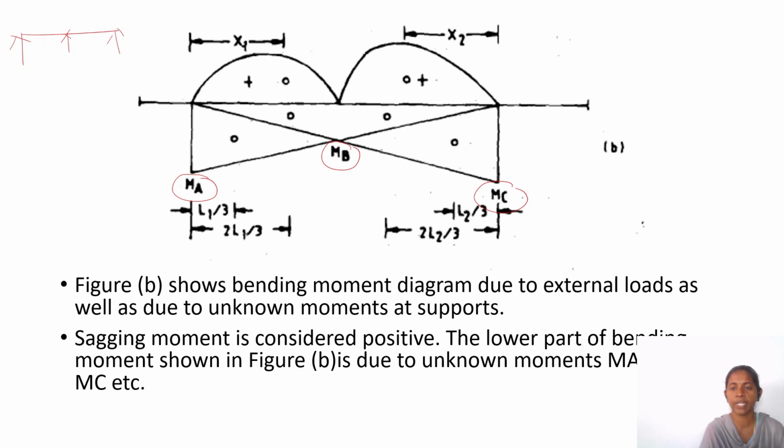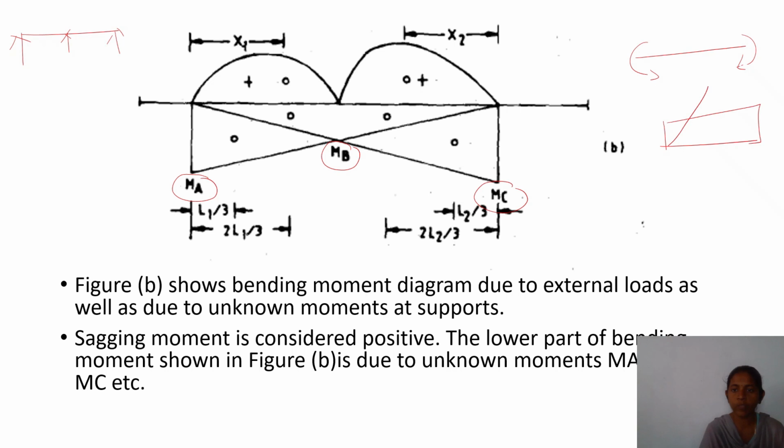I already explained how to draw the bending moment diagram. So you mark the available moment here and you superimpose. If it is trapezoidal like this, you have to superimpose the free bending moment diagram.